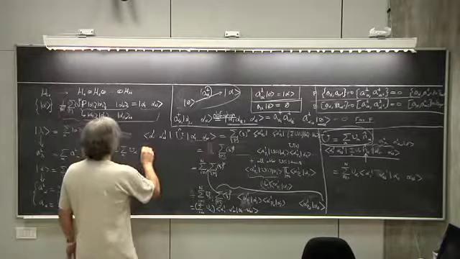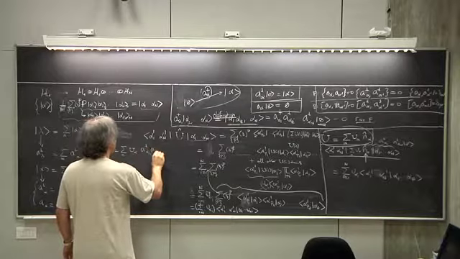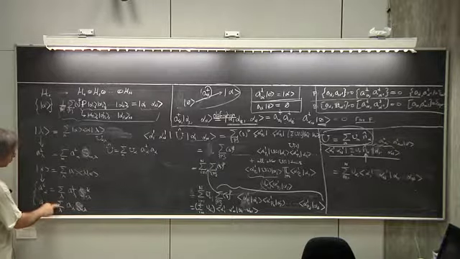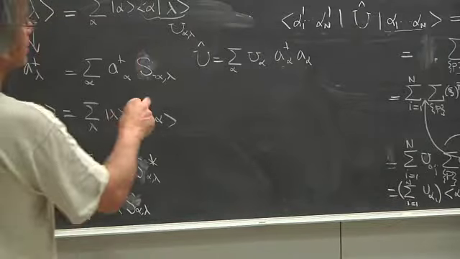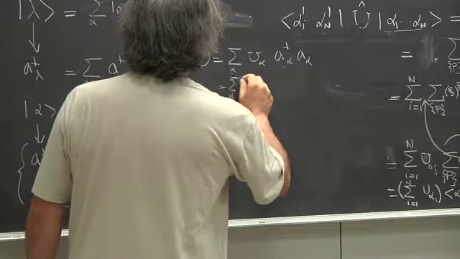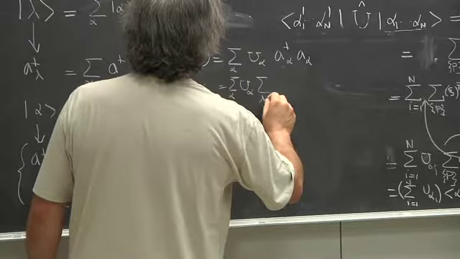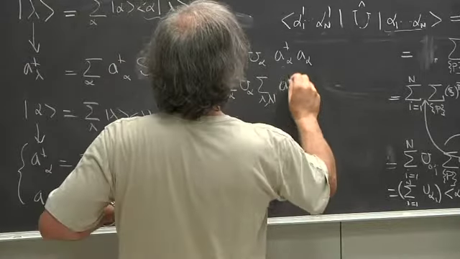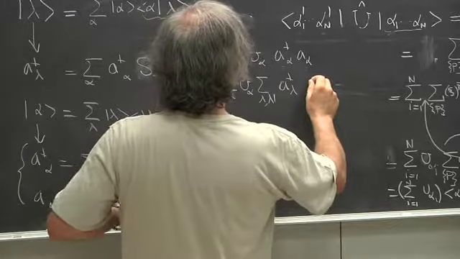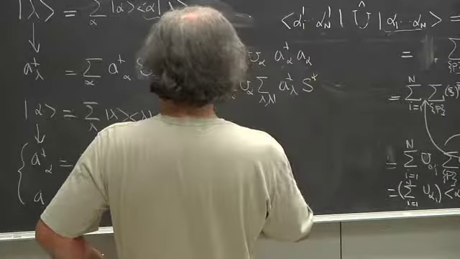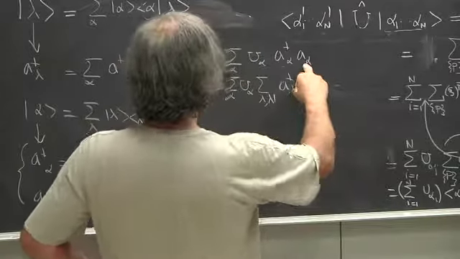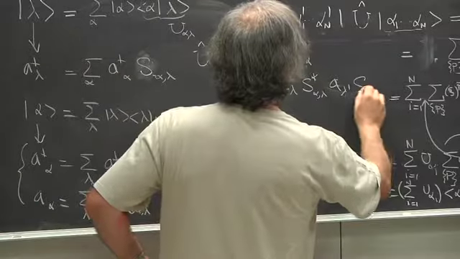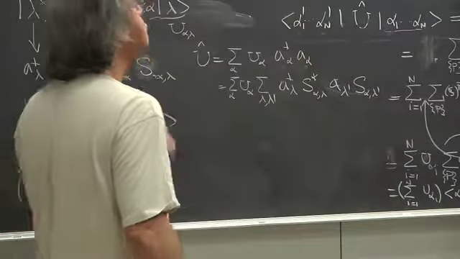So this is U alpha, sum over alpha. Then I have N alpha, which means A dagger alpha, A alpha. Then I put these expressions there. Obviously, I have to use two different lambdas when I sum. So this is the sum over alpha, U alpha. There is a sum over lambda, a sum over lambda prime. And then I have here A dagger lambda, and then I have S star alpha lambda, and here A lambda prime and S alpha lambda prime.